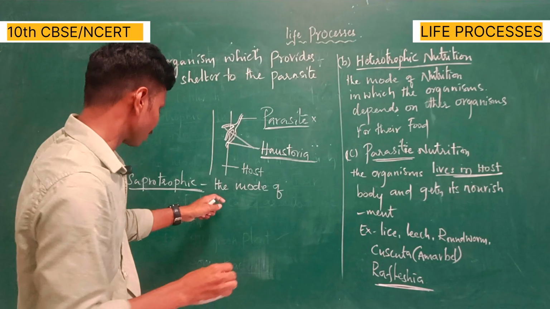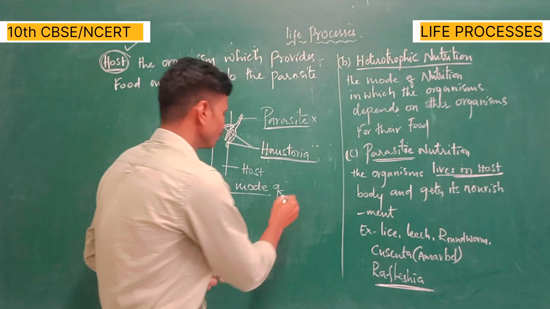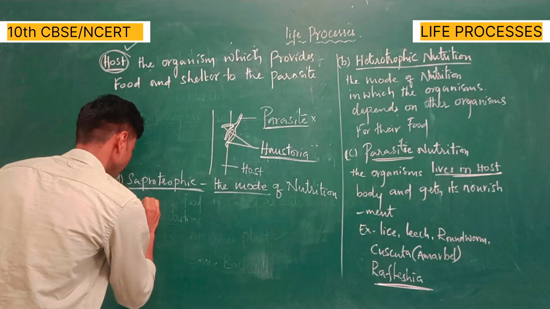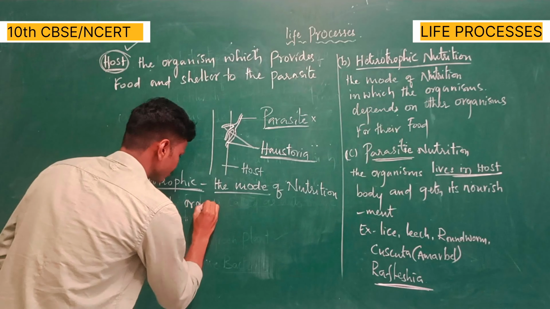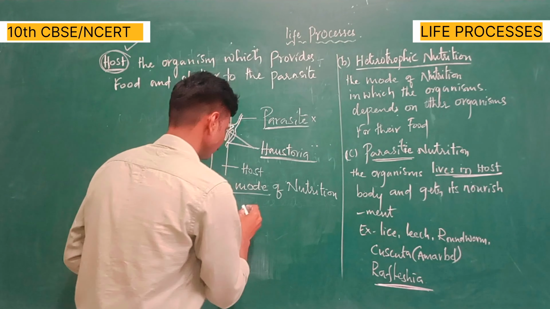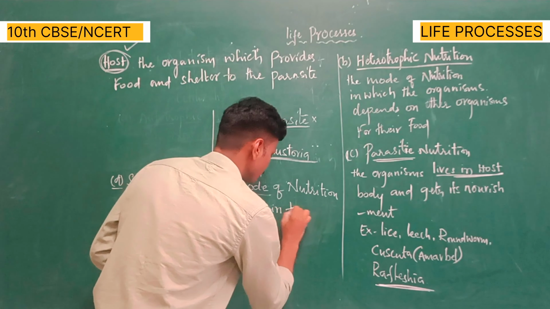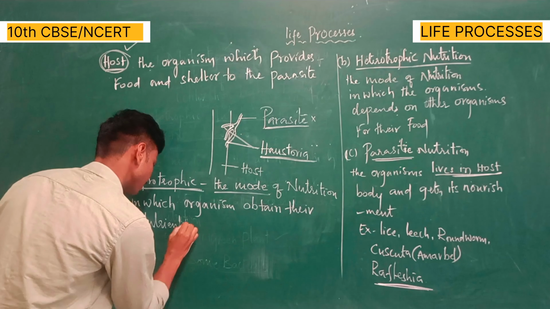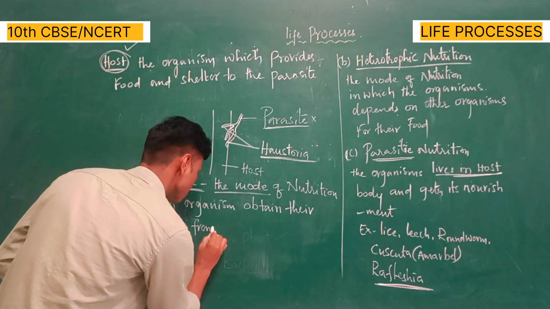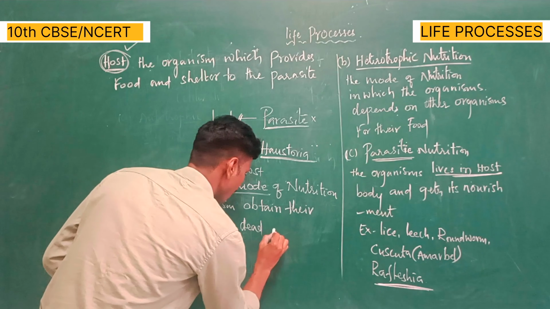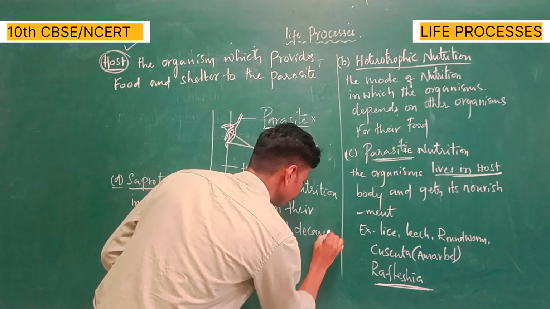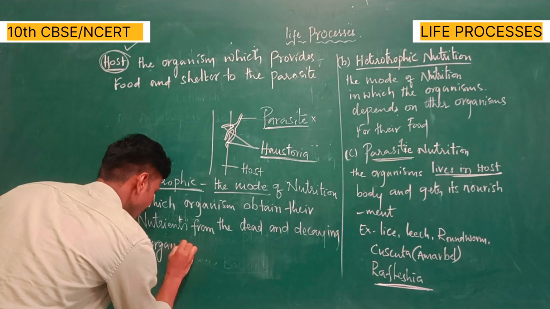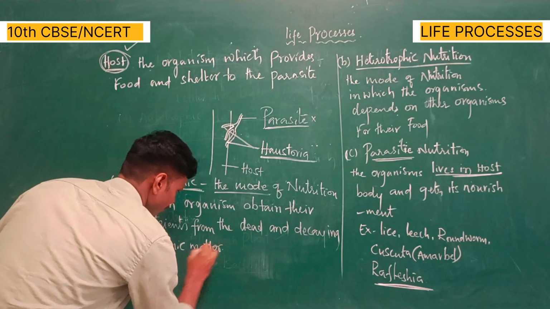See children, whenever you are writing, you should start with it is a mode. It is a mode of nutrition in which the organisms obtain their nourishment or nutrients from the dead and decaying organic matter.